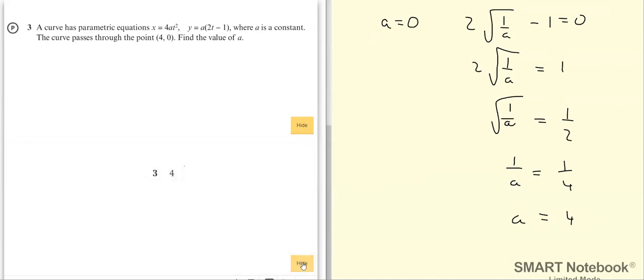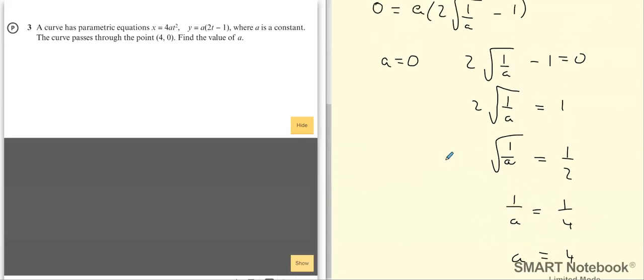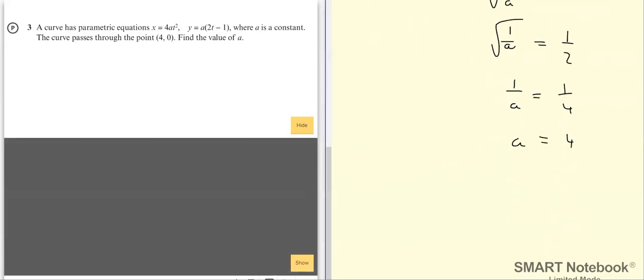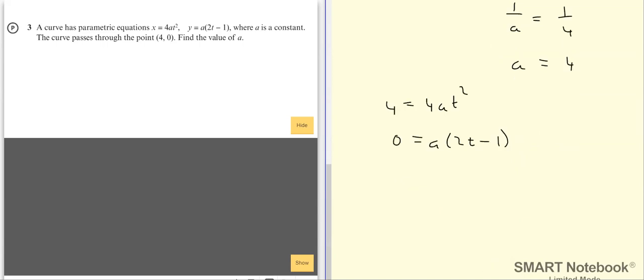Can you check where you've gone wrong? I'm going to do this second way as well. Well, let's say I've got 4 equals 4at squared and 0 equals a 2t plus 1, sorry, 2t minus 1. Because a is a constant, it's like saying 3x squared equals 0.